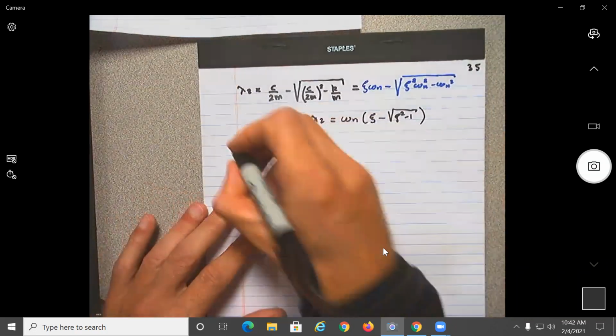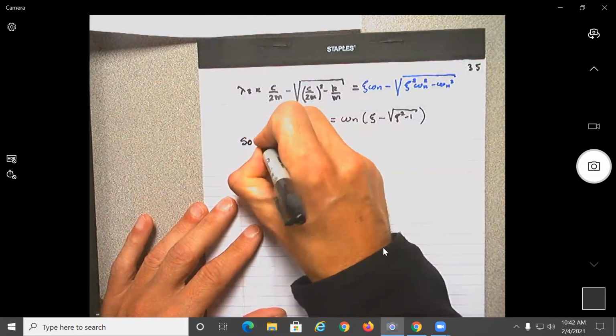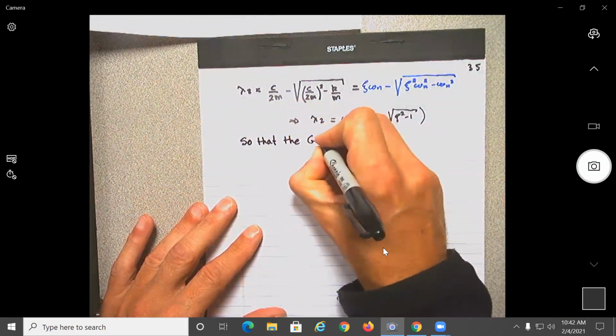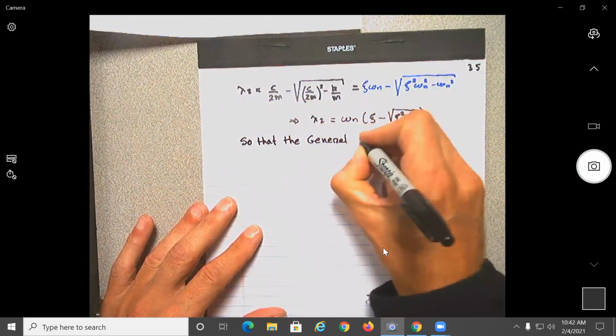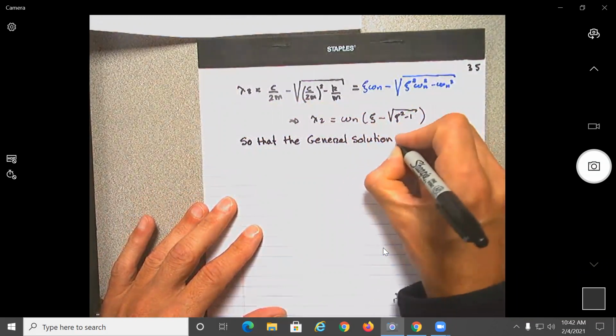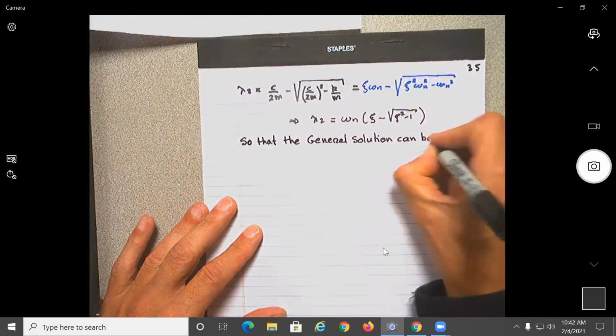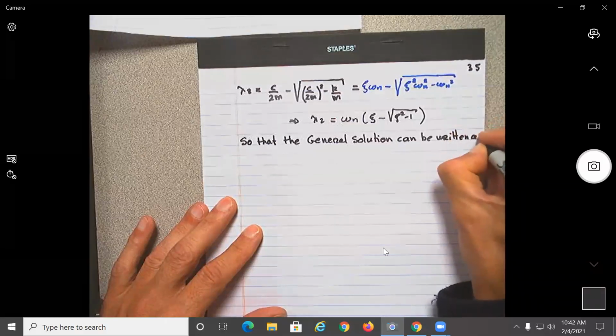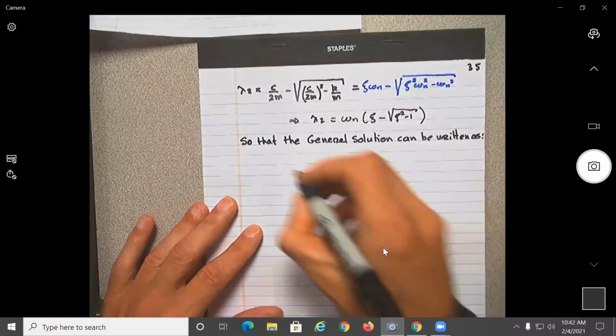All right, so the general solution can be written as what?